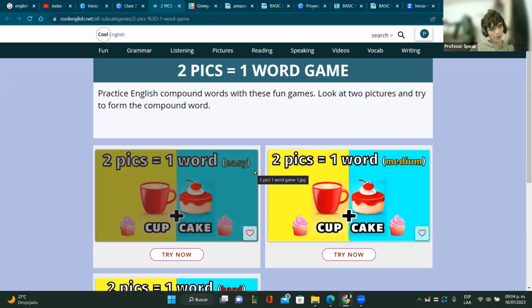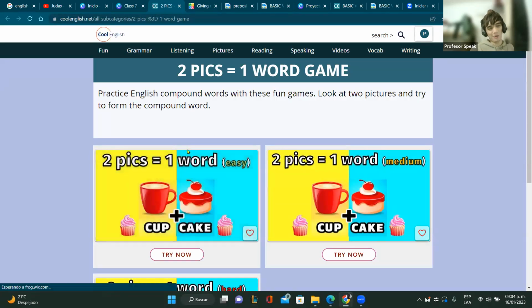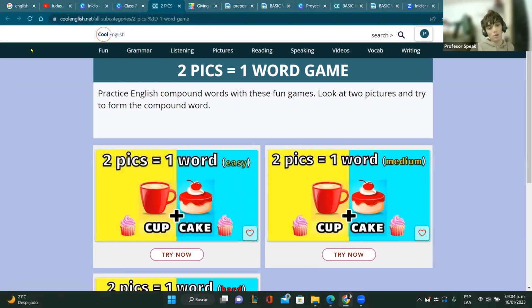So guys, we're going to start with this activity, which is about guess the word. I'm going to show you two pictures and you will try to guess the word. The instructions say: practice English compound words. A compound word is when we join two separate words to create one single word with one single meaning.